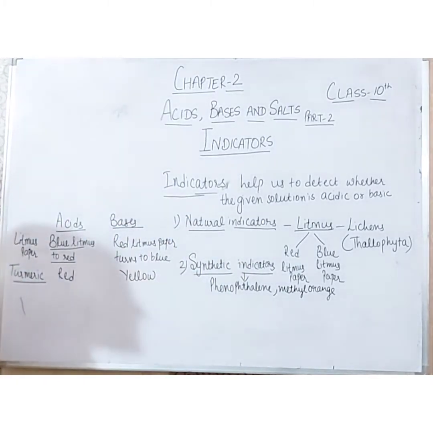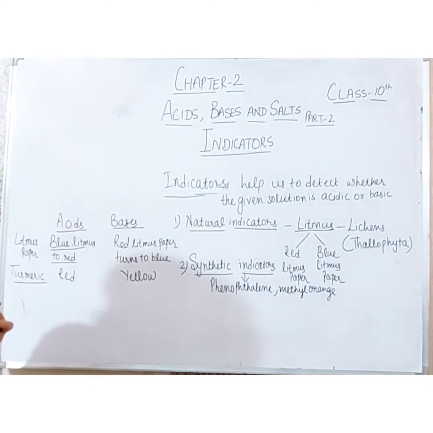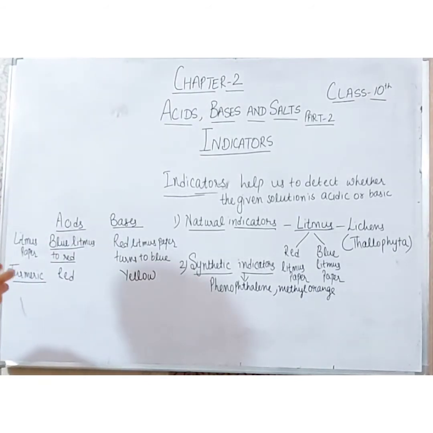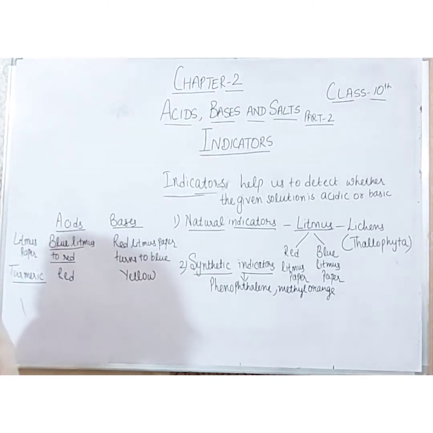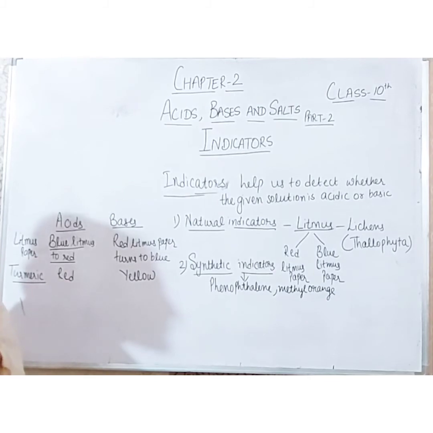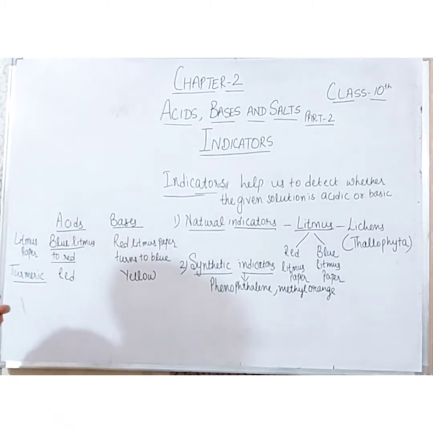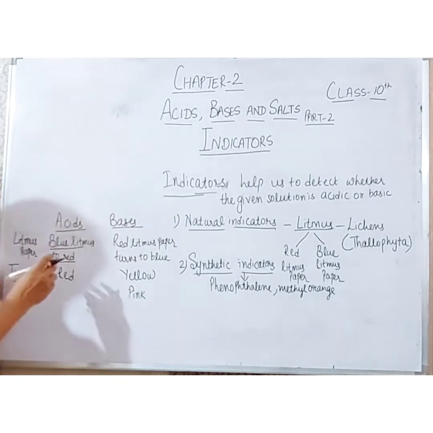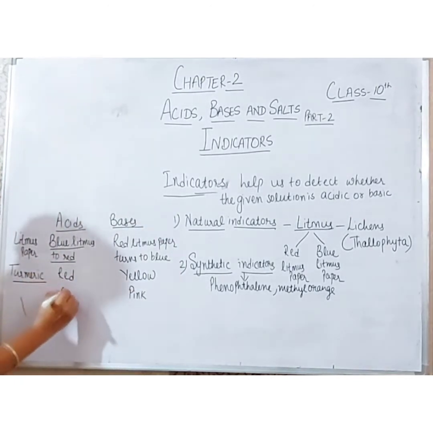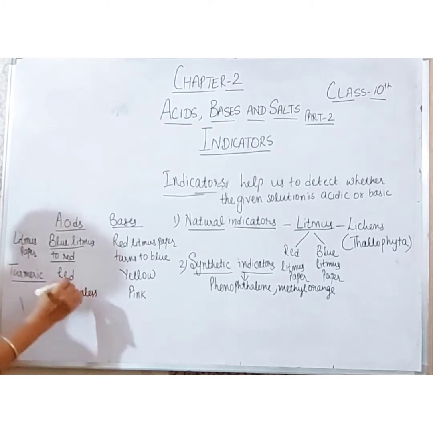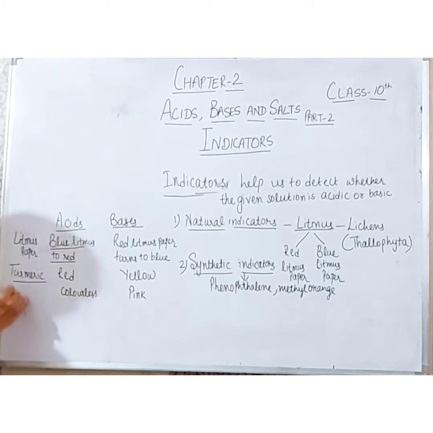Now we see the case of phenolphthalein. If we dissolve phenolphthalein in a base, like we can put a few drops in a base like sodium hydroxide, its color will become pink. And in case of acids, it is colorless. There is no color of phenolphthalein if we put its drop in the acid.